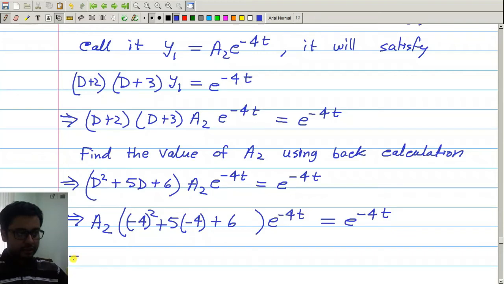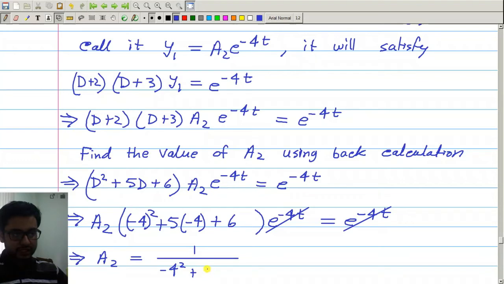From this you can cancel these two terms. It will become 1, and A2 will therefore be 1 over minus 4 square plus 5 into minus 4 plus 6.